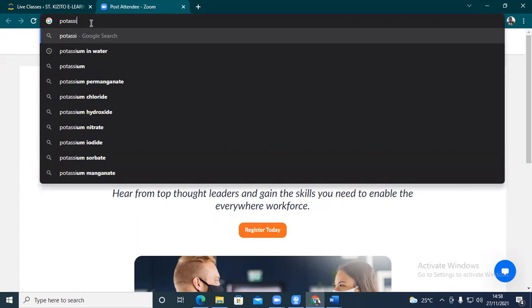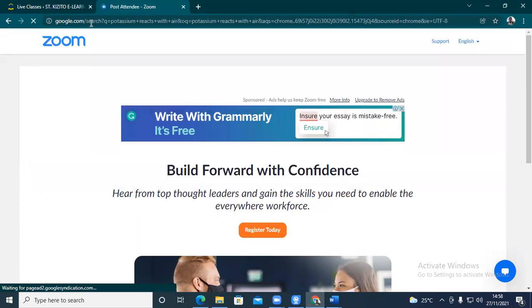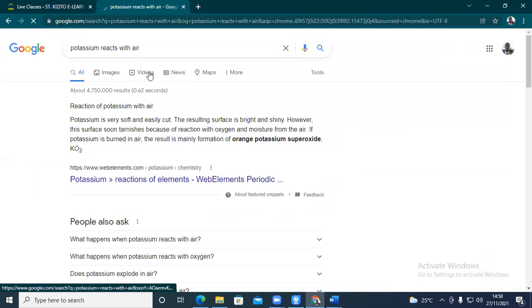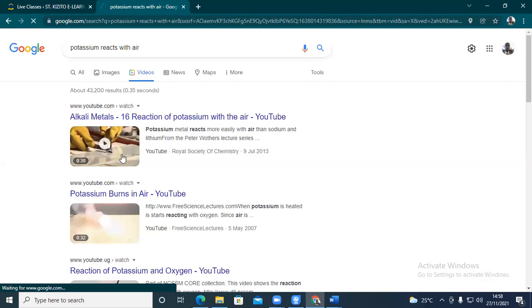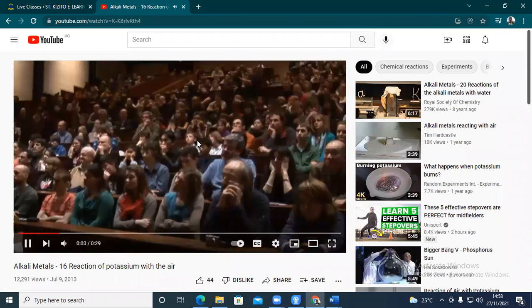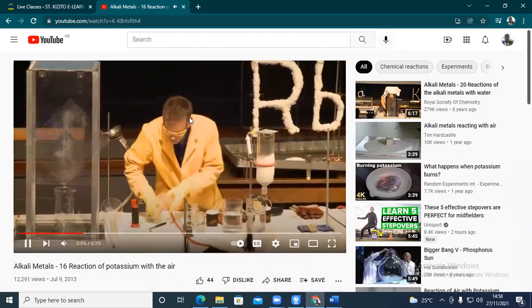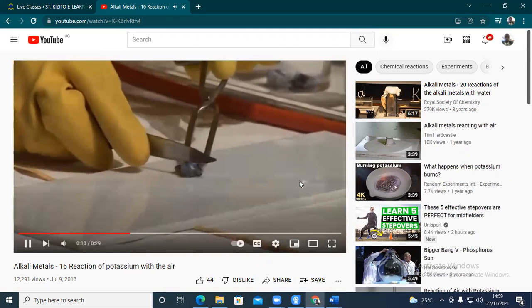Potassium reacts with air. I want us to look at this video carefully and you see what happens when you just expose it to air. So they are cutting potassium.